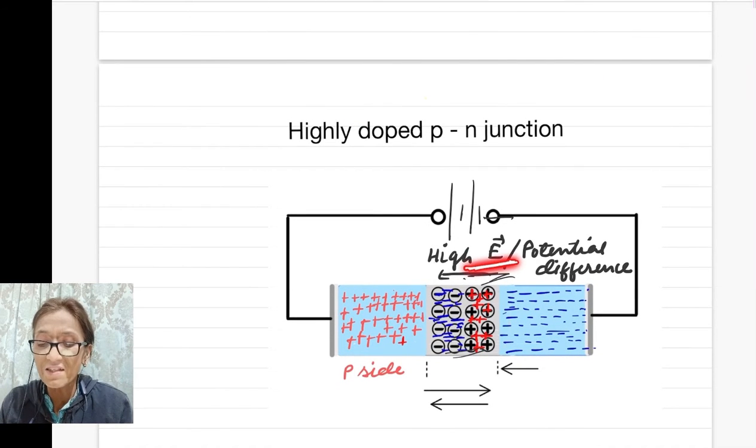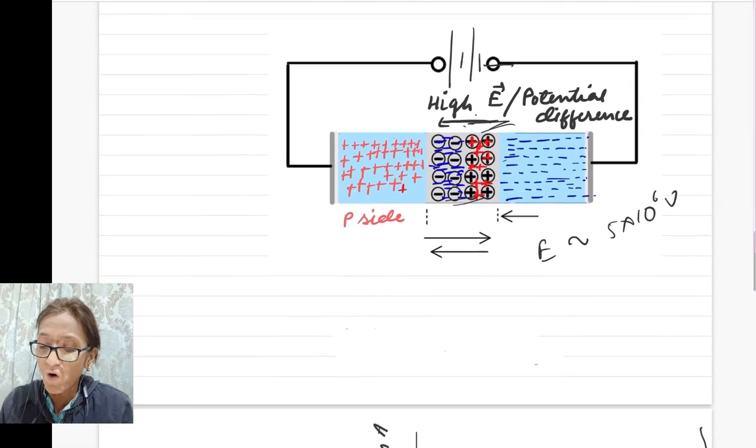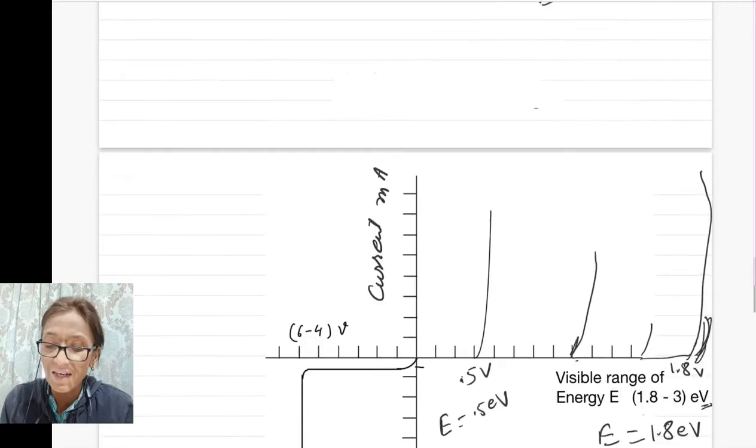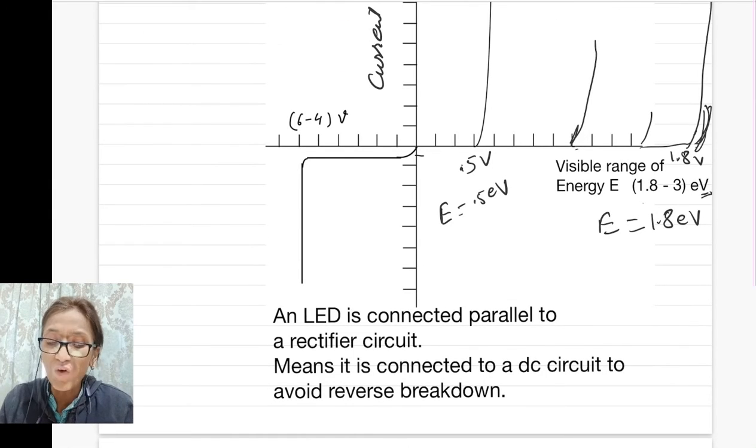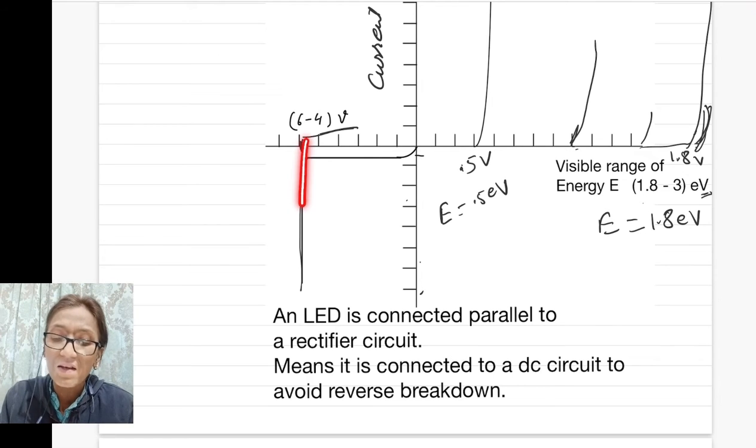And due to this high electric field of the order of 5 into 10 to power 6 volt per meter, with only a very small reverse voltage of the order of 5 volt, you can get a Zener breakdown voltage. It means at this voltage, current starts increasing, voltage remains the same, in reverse bias.